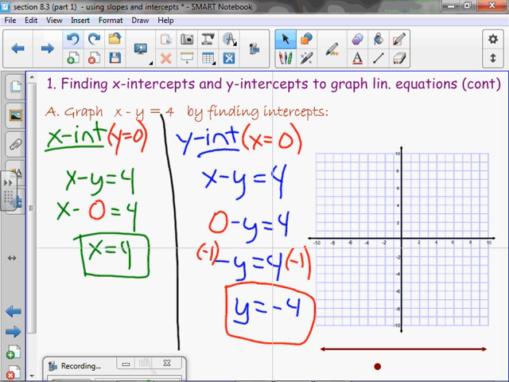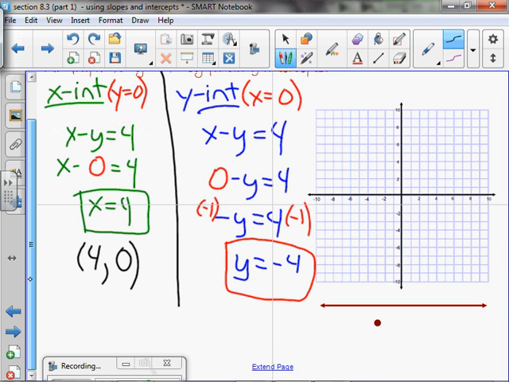So now I want to graph these two intercepts. So I will need to either think about what it means or just write out the coordinate. For the x-intercept, I know that I have 4, comma, y, it has to be 0, so 4, comma, 0. For my y-intercept, I know that x must be 0, so I get 0, comma, negative 4.